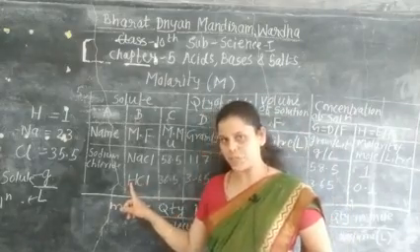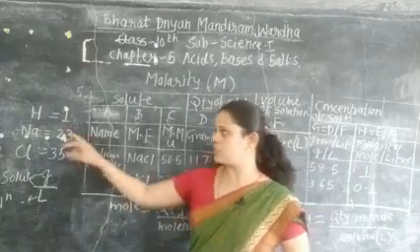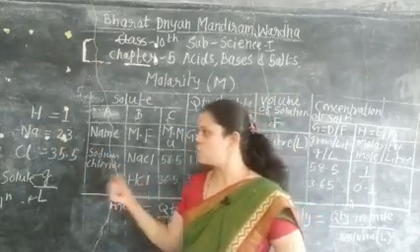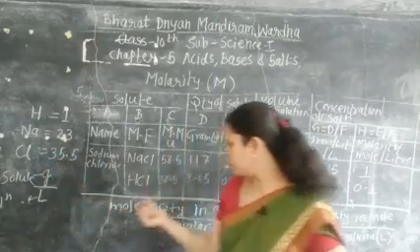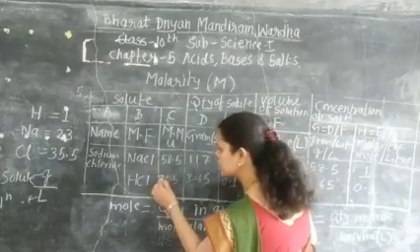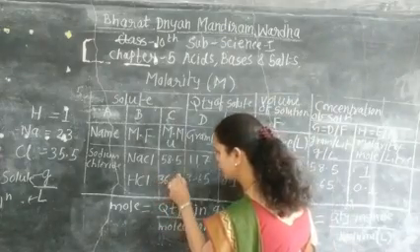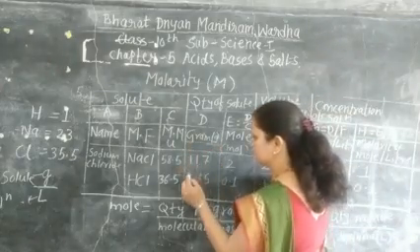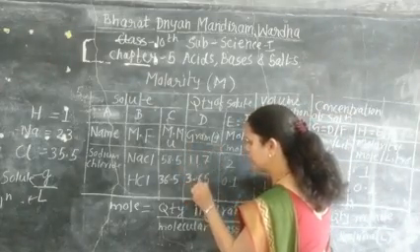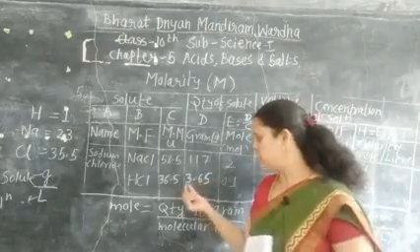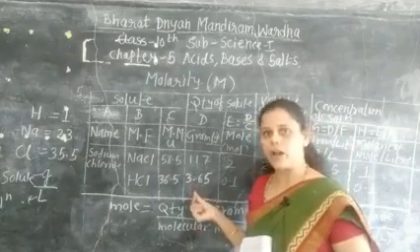The mass of H, hydrogen, is 1, plus the mass of Cl, 35.5. Your answer is 36.5. Clear? Then the value of HCl in gram is given, 3.65 gram.